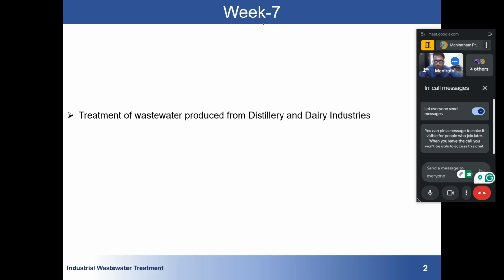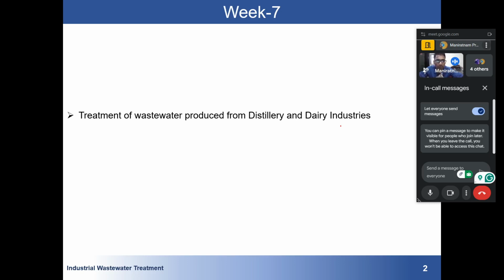So in week 7 we dealt with this topic, that is treatment of wastewater produced from distillery and dairy industry. Till now we have been looking into different types of industry. Previously, we looked into different methodologies on how to treat organic matter and heavy metals.